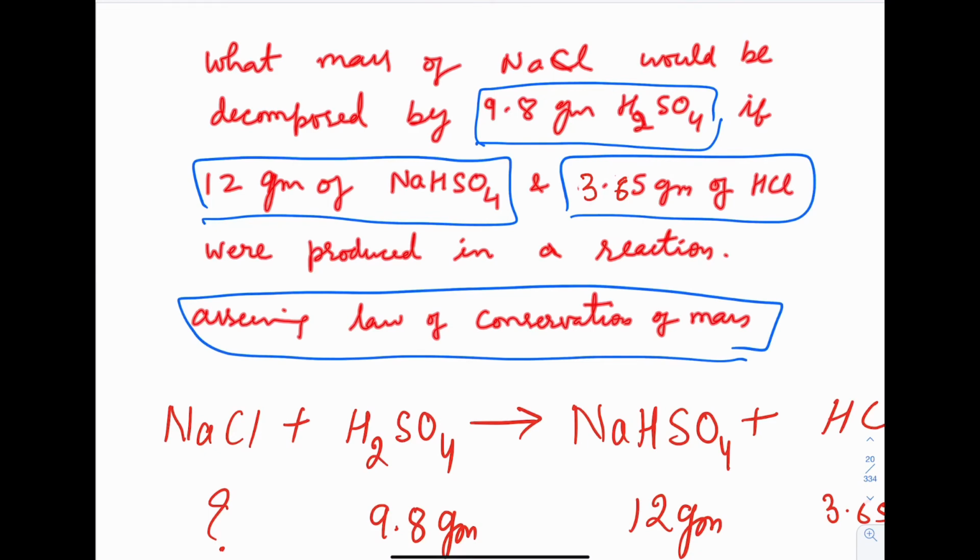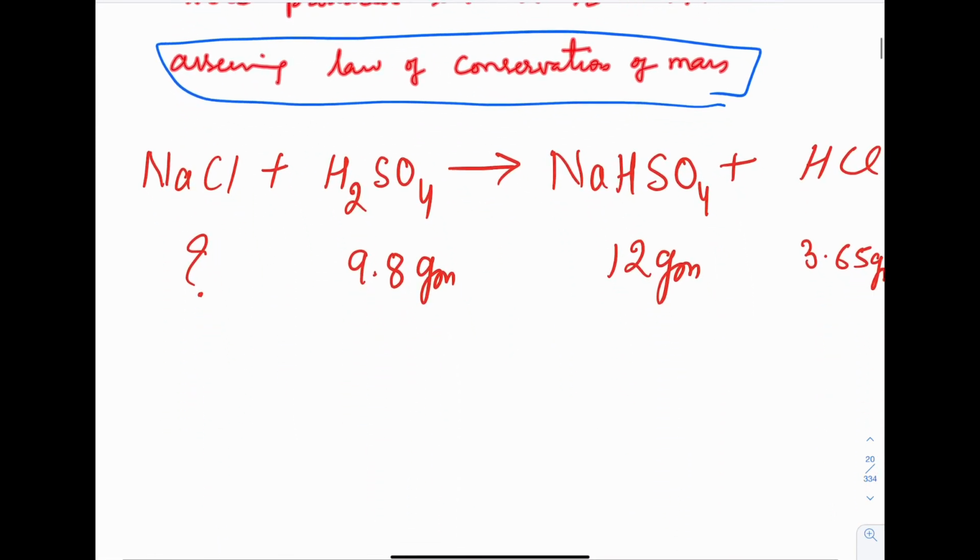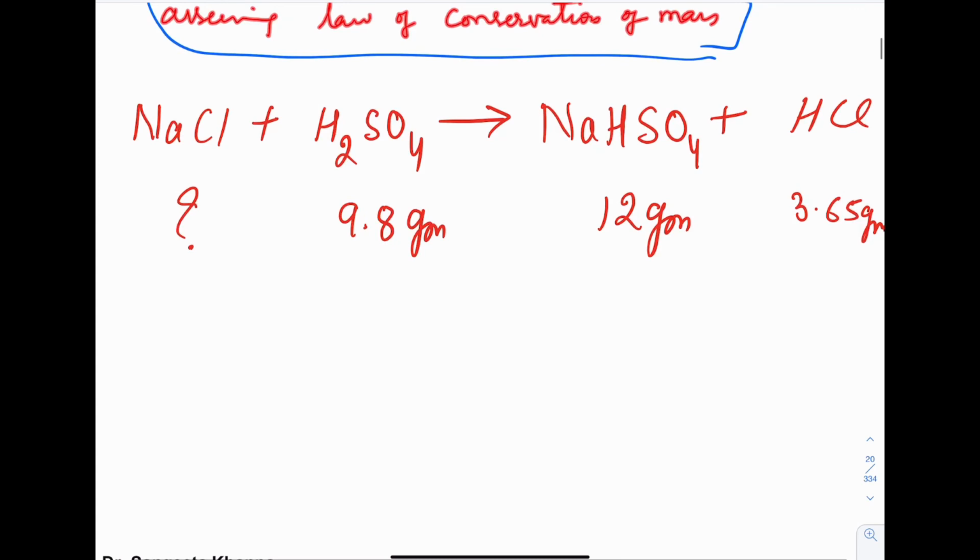NaCl reacts with H2SO4, and you have to find how much NaCl would be taken, so that by reacting with 9.8 gram H2SO4 you will get 12 gram of sodium bisulfate and 3.65 gram of HCl. Here the mass of product is given. NaHSO4 12 gram, HCl 3.65 gram.